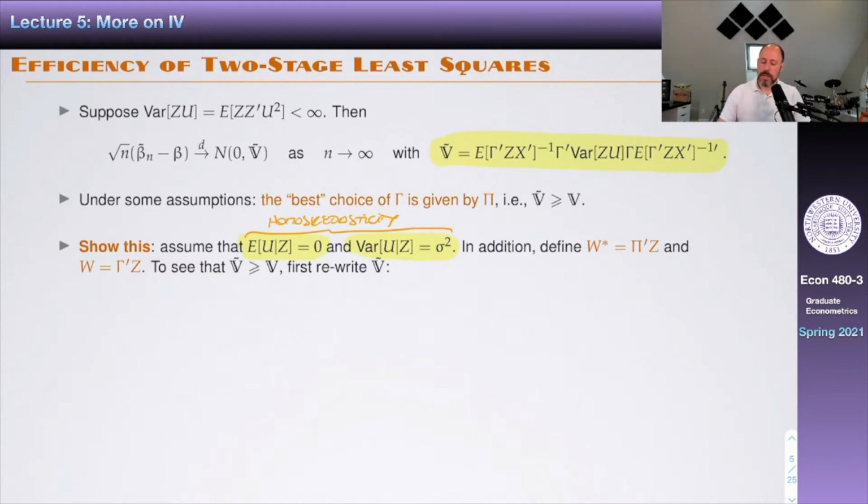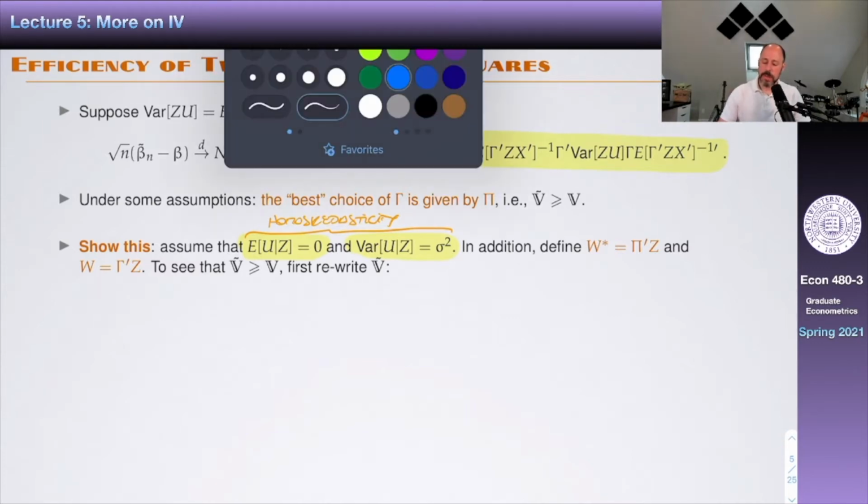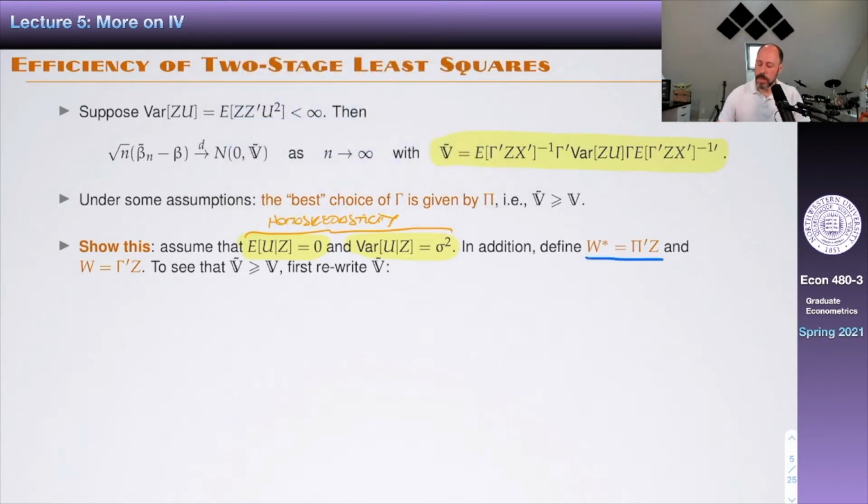In addition, I want to introduce this notation. W star is just going to be pi prime z, and W is just going to be gamma prime z. And what we want to show is this inequality that we have over here. I'm going to start by rewriting this matrix B tilde using our homoskedasticity assumption.